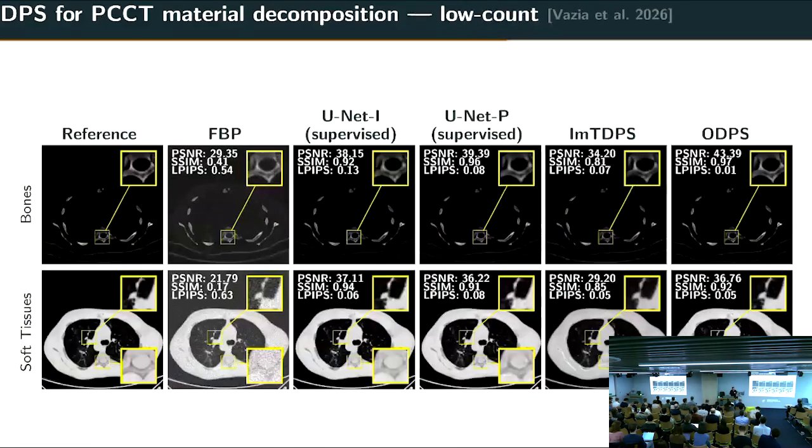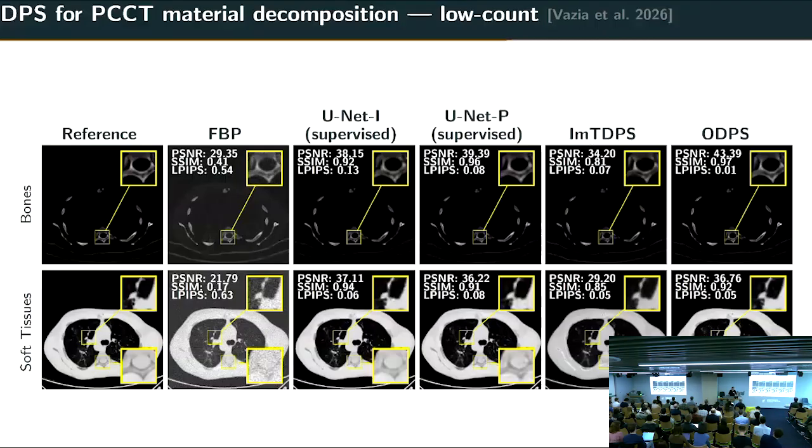We also compare with two supervised approaches, UNet-I, which is in the image domain, and UNet-P, which is in the projection domain. We've performed FBP simulation, low dose simulations. We observed the FBP reconstructions are noisy, as expected. The UNet methods are doing okay. Regarding the DPS methods, the two-step DPS approach is doing okay in the sense that we have no noise.